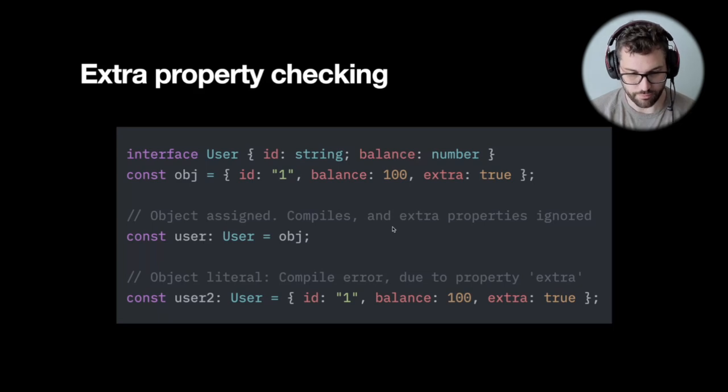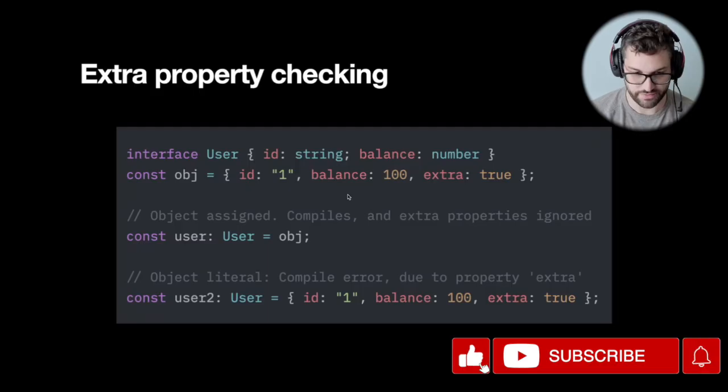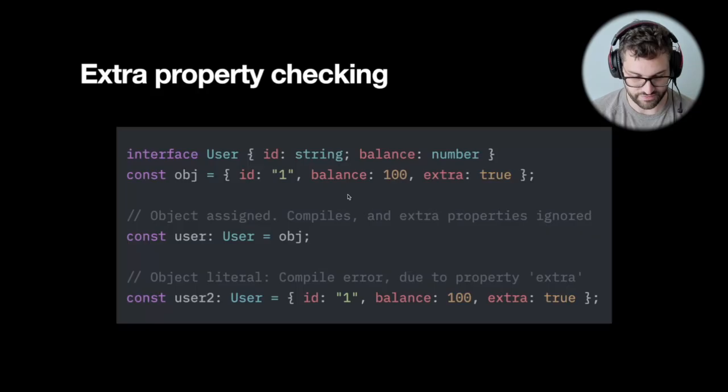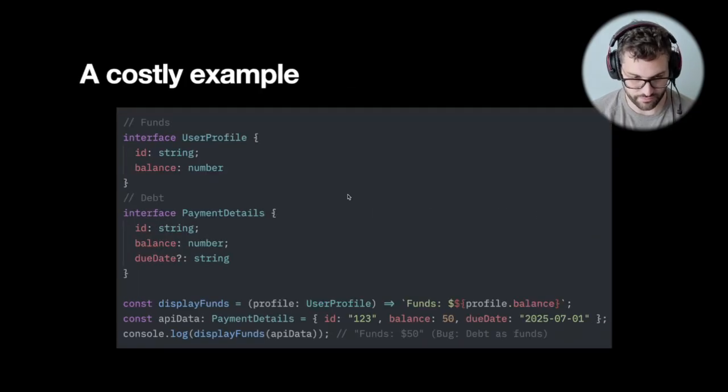All right, so now we are primed to get into the semantic problem that we've been getting at. So here is a costly example that gets at the heart of the semantic issue here. Let's say we have a user profile that has properties ID and balance representing their funds. And then we have a fundamentally different interface which has two of the same properties, ID and balance, but really what we're trying to indicate here is debt.